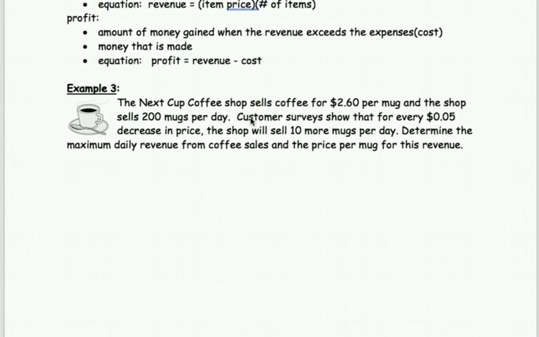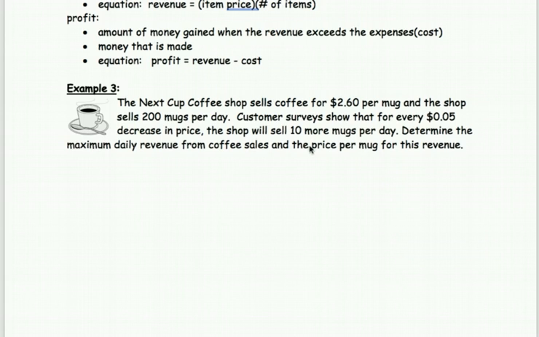So you're doing a survey, and you found out that if you decrease the price by 0.05, so think of it as 5 cents, so if you decided to sell it for $2.55 instead, you'll have 10 more customers, or 10 more coffee cups being sold. So you end up selling 210. And so for every decrease of 5 cents, you will have 10 more cups sold.